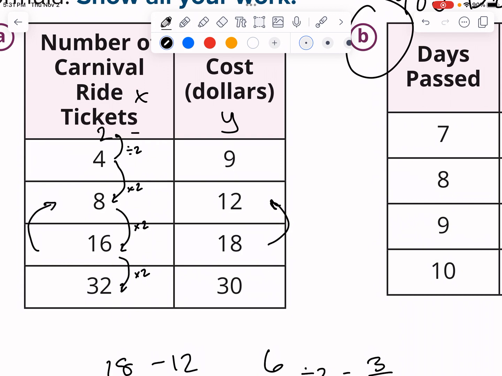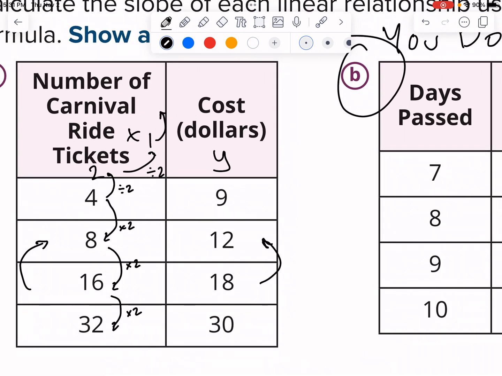I'm just writing in here, off to the side. In this case, where we have 1, and then in this case, we would have a half. 1 divided by 2 would be 0.5.